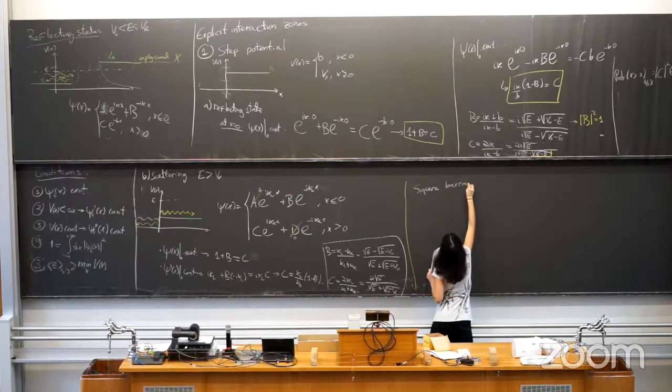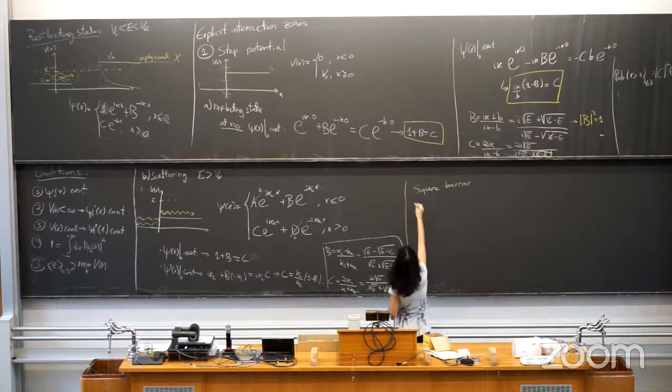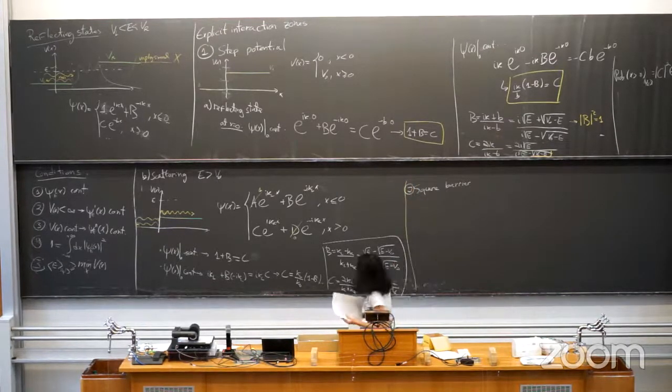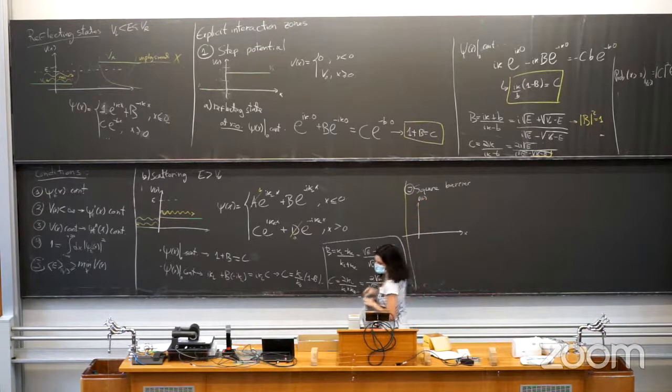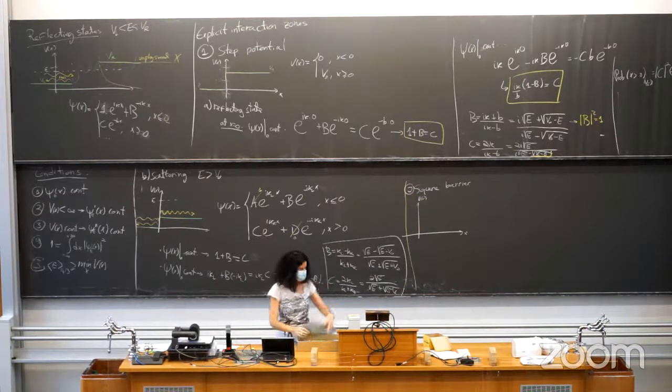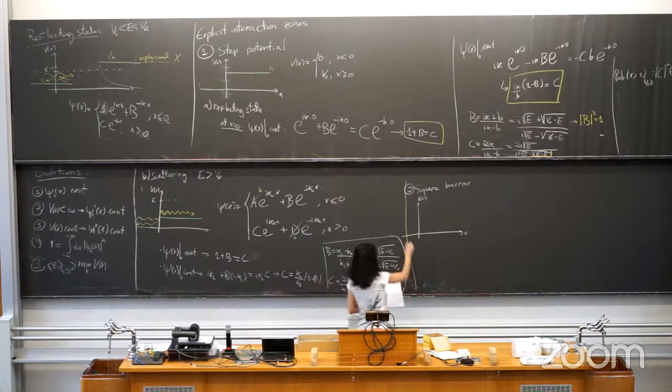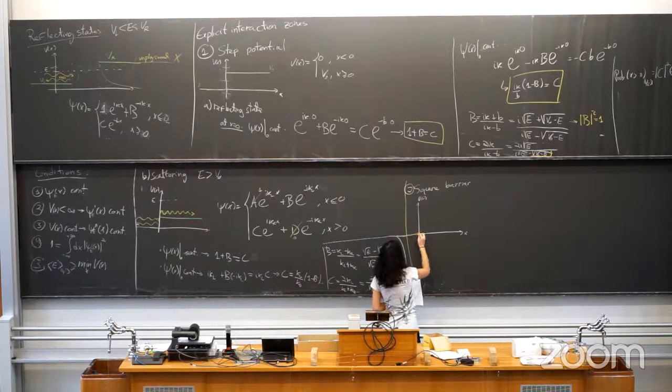We have number 1, step potential, this is number 2. Now we make our barrier non-trivial, and it goes like this.